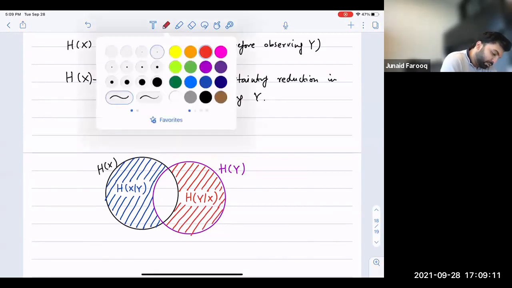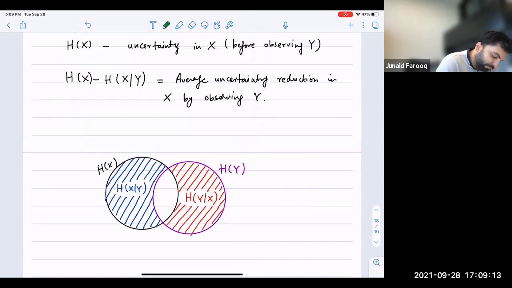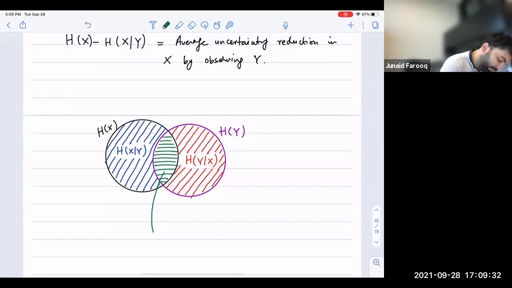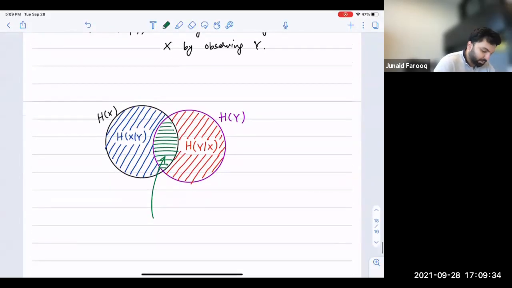Now, something in the middle is actually the difference, right? So if you remove from h of X the conditional entropy, then you're left with this part here. Right, and this is something called the mutual information. So there's information content in X, there's information content in Y. What's overlapping is called the mutual information.